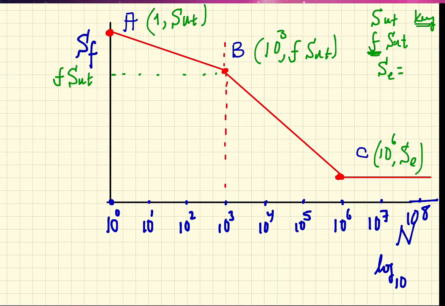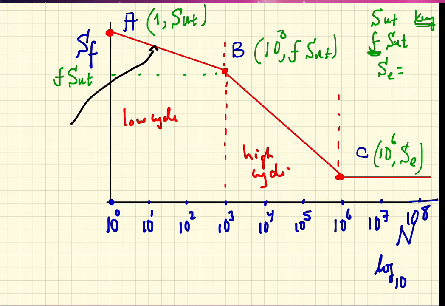I have now 3 regimes, and then I'm going to write here low cycle regime, high cycle. Okay, so then my next job is to find a way to write equations for these 2 lines. The equation for this line, I'm going to write it as SF.